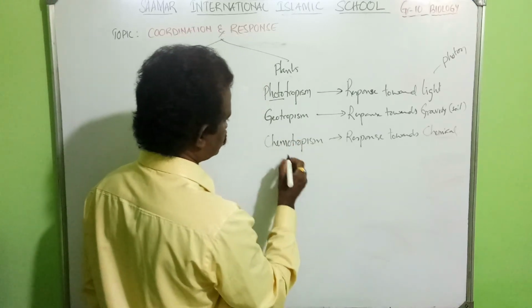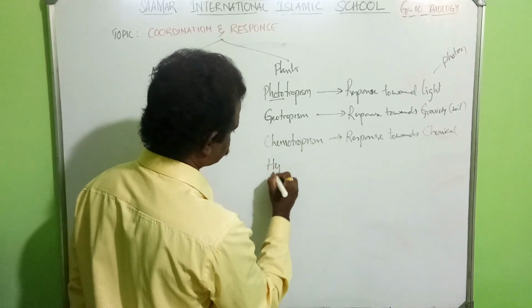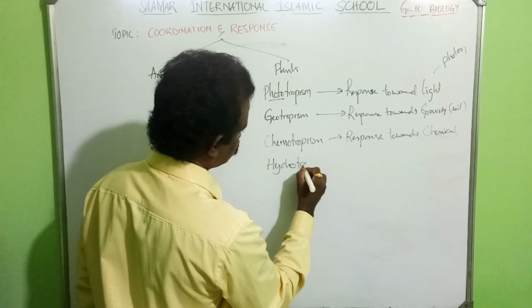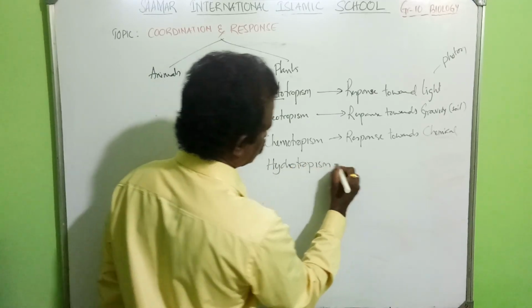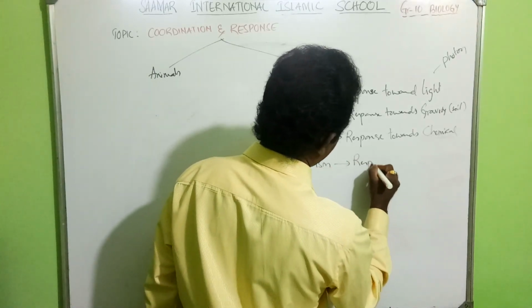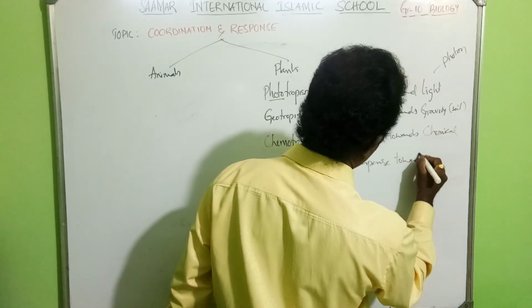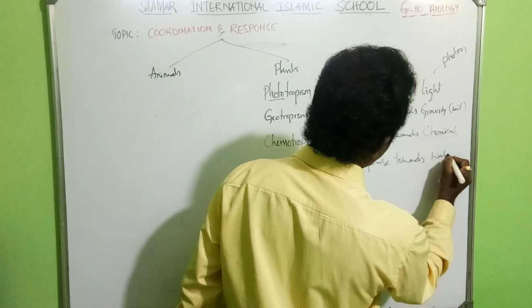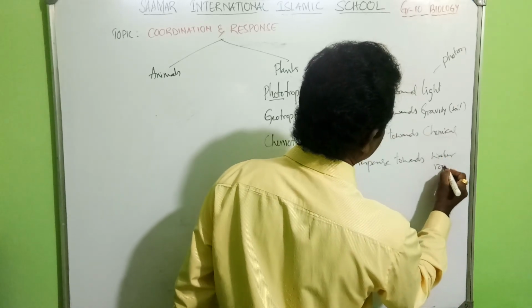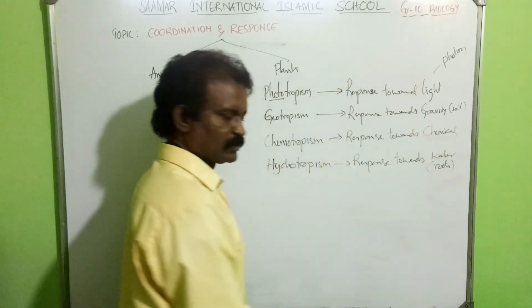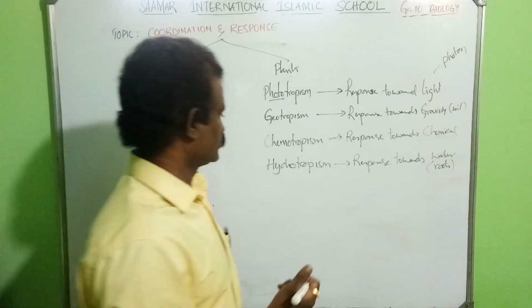Next, hydrotrophism. Hydro means water, so response towards water. For example, roots, correct? So roots grow towards the soil and absorb water.